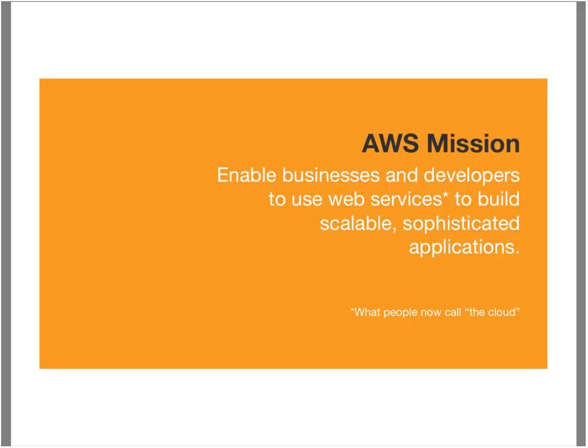So we look at this as another tool in the quiver, the toolbox of our customers, to be able to do things in a highly scalable, efficient, flexible, and most importantly, cost-effective manner for themselves.